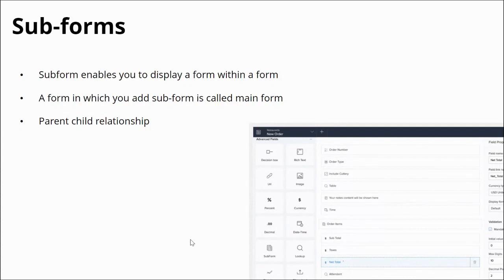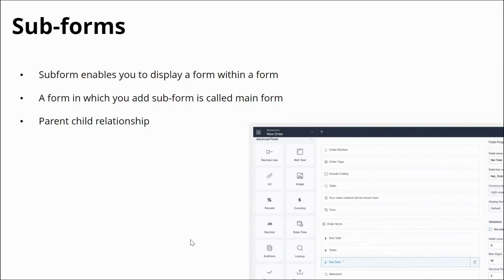As far as the restaurant management application is concerned, each customer would place multiple orders, and each order would have multiple items. So here, multiple items need to be associated to each order.